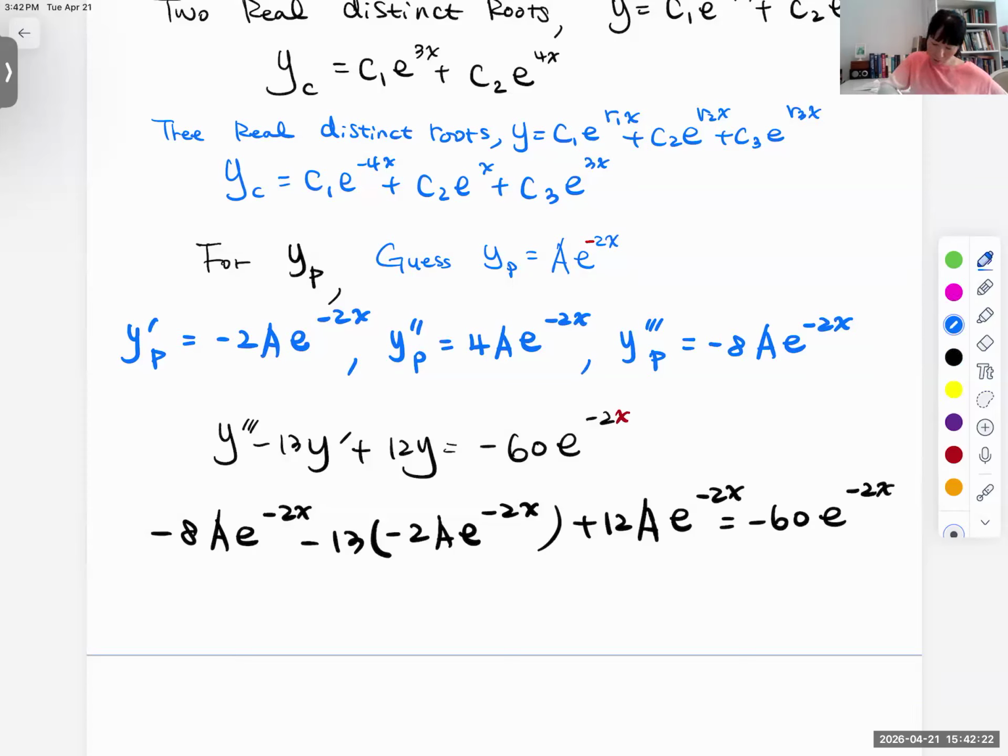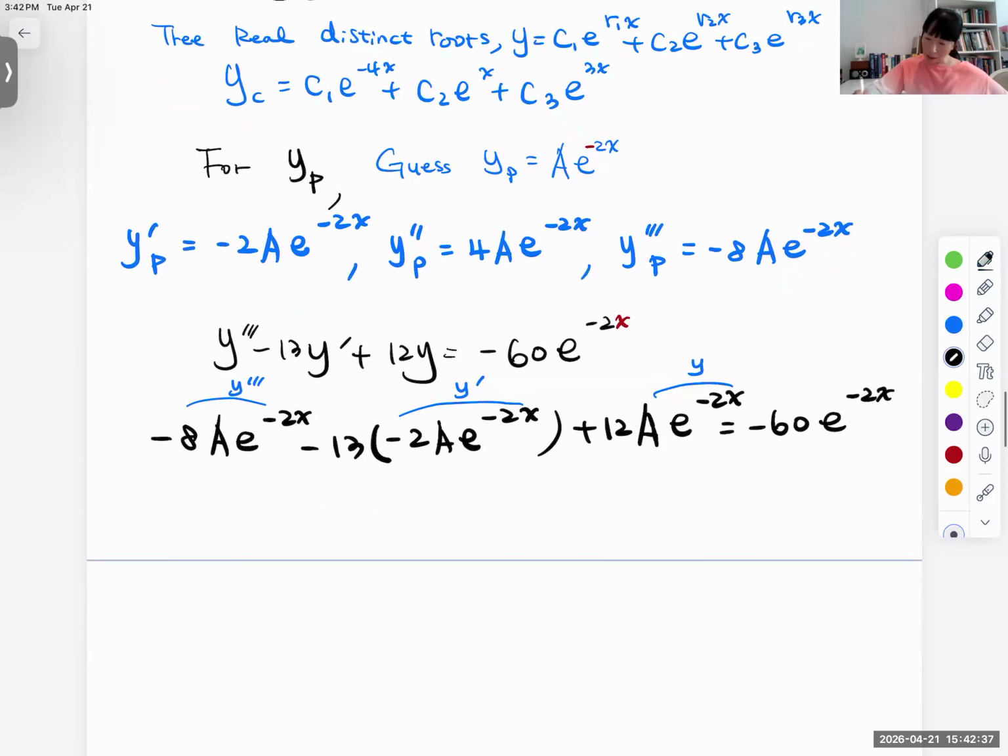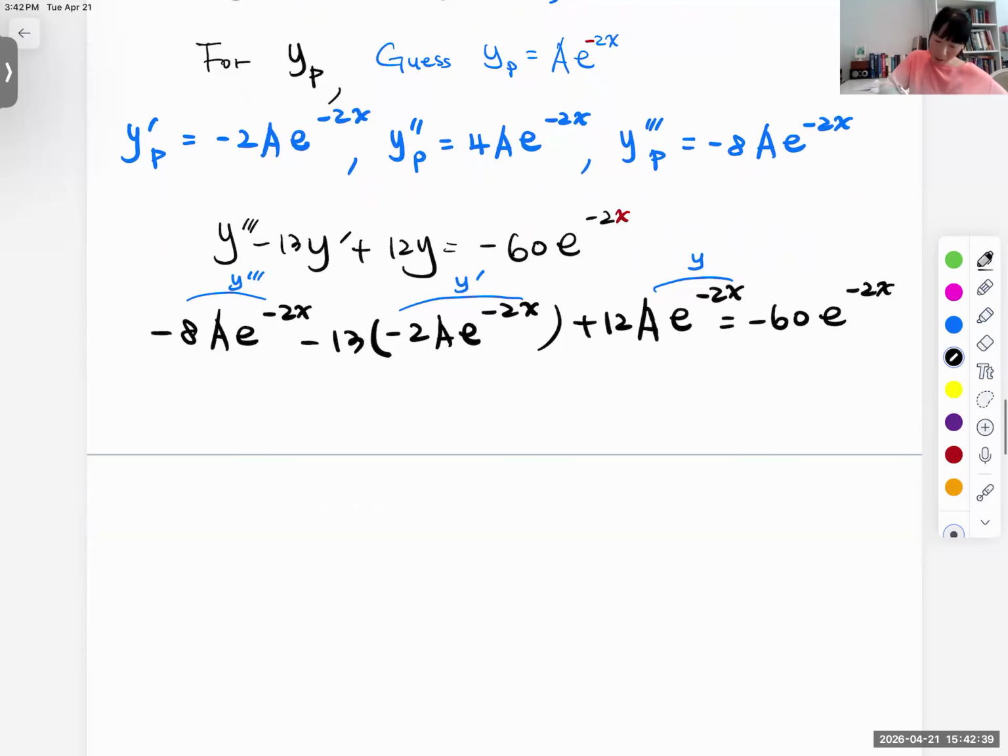So y third prime, y first prime, y. Now we want to solve for a.